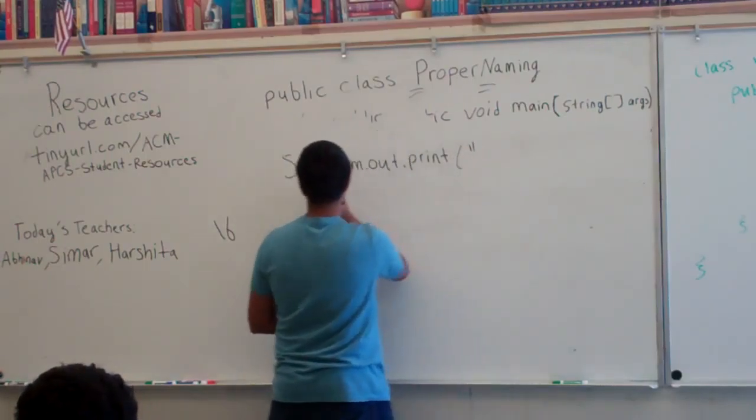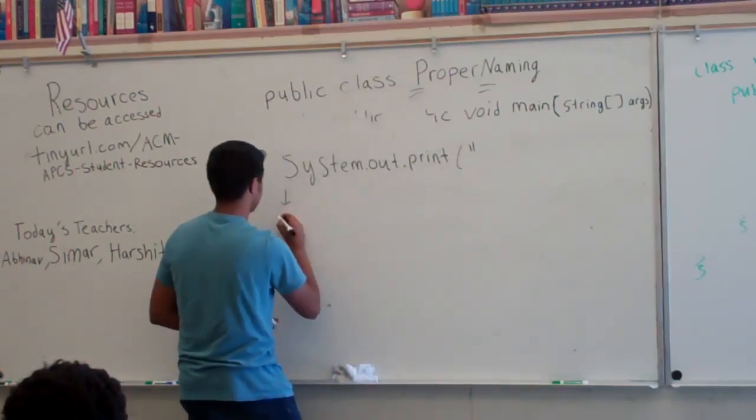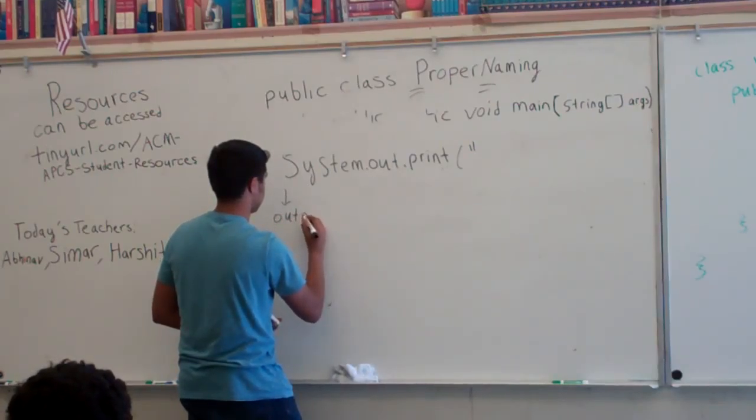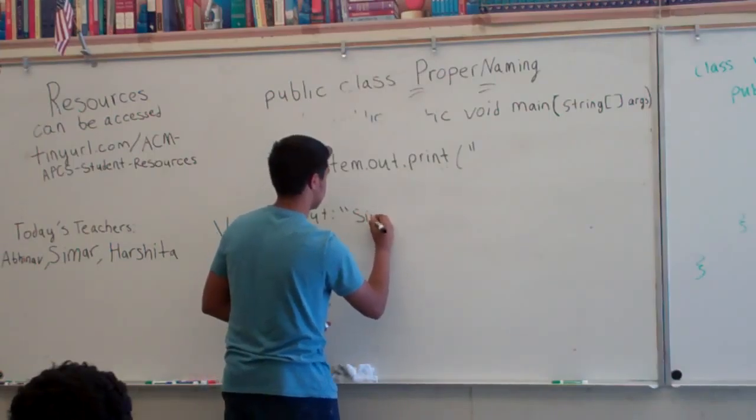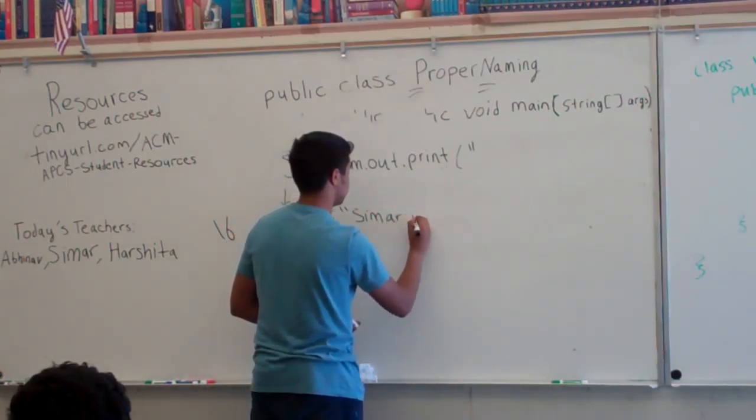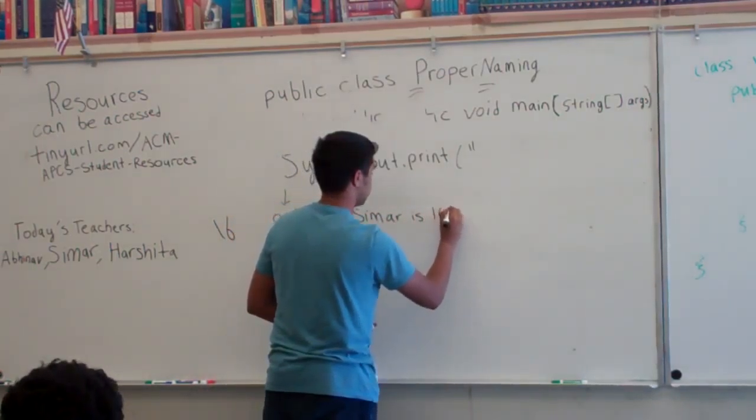I want the output to be the following: "Simmer is 16".